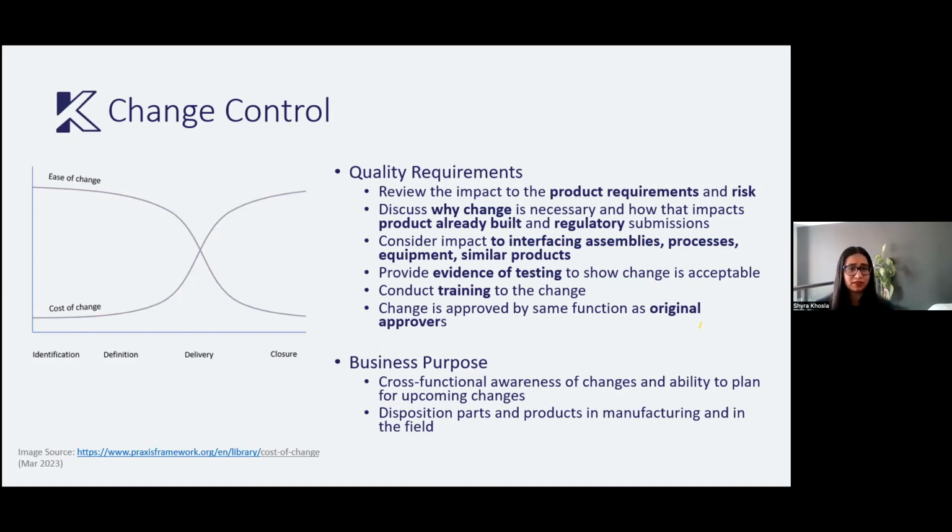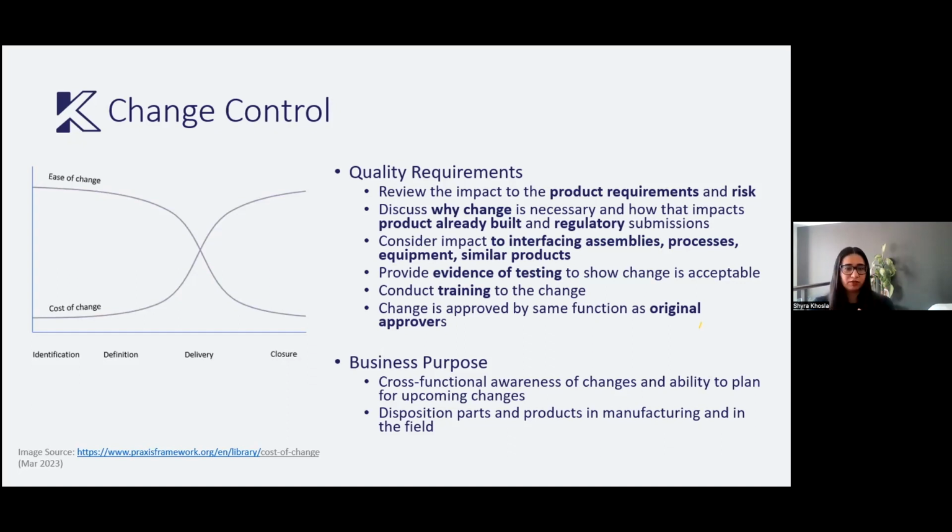And then one of the things that was introduced more recently, and I say that as in like the last 5 years, is, are there similar products that are affected by this change? So you might have multiple products on the market and you might be changing product A, but you should actually also go and make this change on product B as well, because it will make product B better too. And so tying all of that together becomes really important.